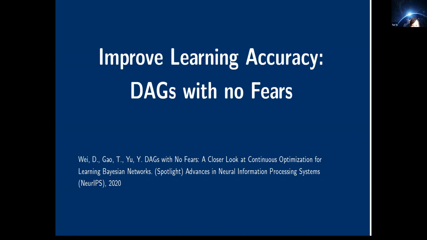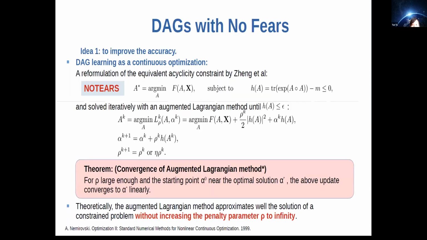Firstly, the diagonal variant. Like what Lu has asked, classically, theoretically, the augmented Lagrangian method should approximate well the solution of a constrained optimization problem without increasing the penalty parameter rho to infinity.